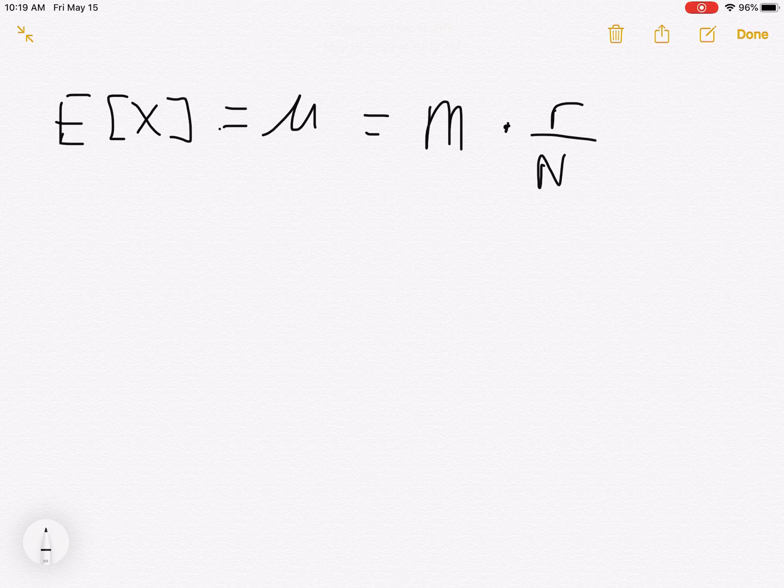And I'd also point out there is no moment generating function, because the series does not converge.